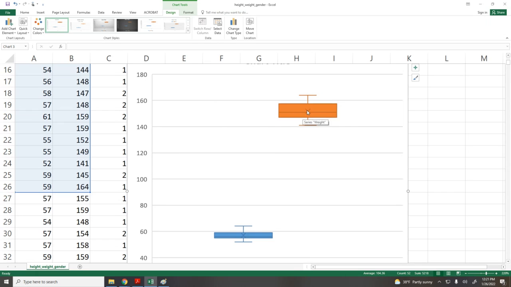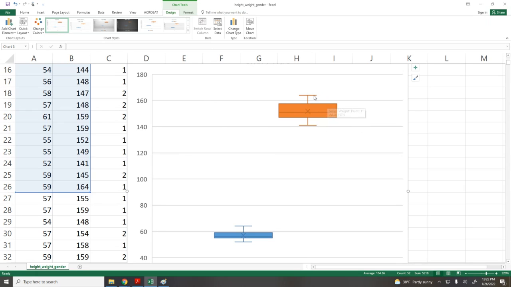Okay, and if you hover on top, I think it should show that. Let me see. Okay, the minimum value is 141. Q1 is 147. Q2, oh, it doesn't do that. Q2 is 151.